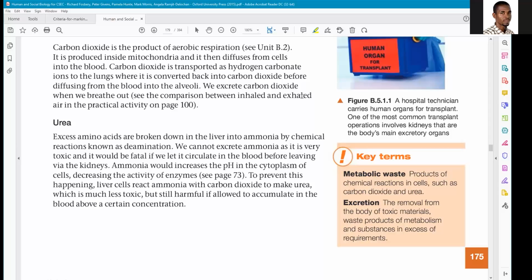The excess amino acids are broken down in the liver and it forms ammonia. The whole process is called deamination because amino acids are made up of a molecule that has an amino part and a sugar part, so the amino part is removed from the sugar part of that molecule.